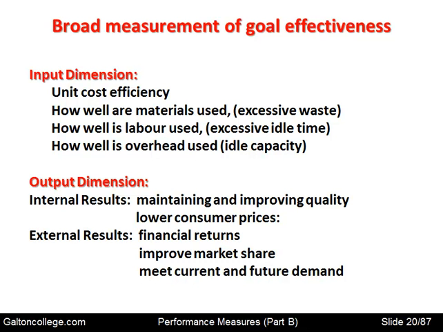So there are many external pressures on the business that need to be met as well. So we can imagine measurement goals aimed at the input, looking at unit costs and trying to work out the unit cost of the business, the unit cost of the products that it produces, looking at the materials, the labour, the overheads and so on, and also the output dimension, looking at the quality issues and the price of the product, and also the external factors that impinge upon the business.